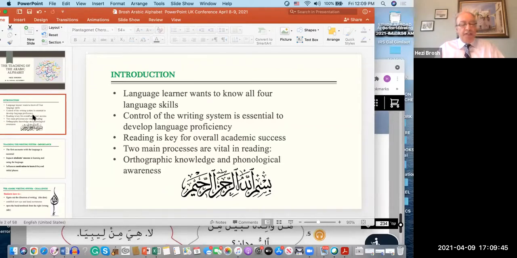Orthographic knowledge is the understanding of how spoken language is represented in print. And phonological awareness is the establishment of a precise relationship between letters, known as graphemes, and sounds, known as phonemes. The whole system is known as the alphabetic principle, and the ability to manipulate the graphemes and the phonemes in order to read words.